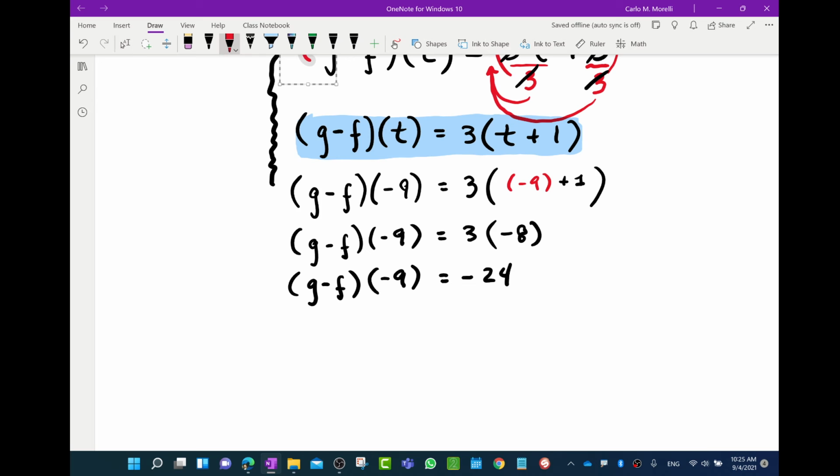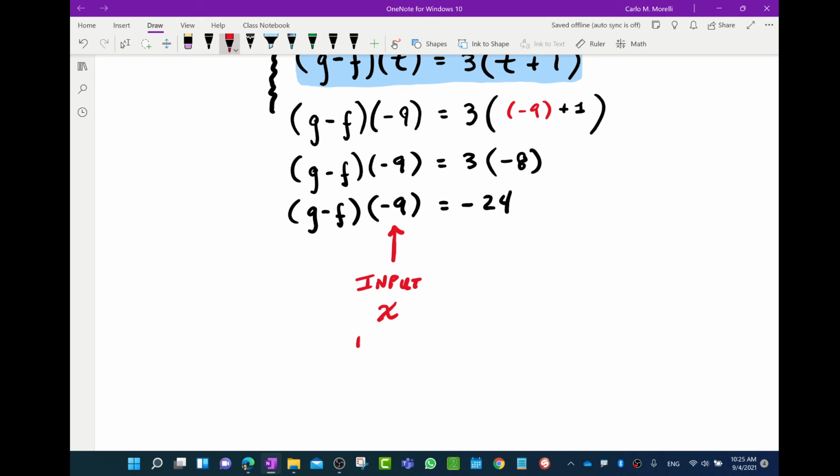So, negative 9 is the input value. That's always thought of as kind of like the x value or the independent value or the domain value. Okay, input, x, independent, domain.